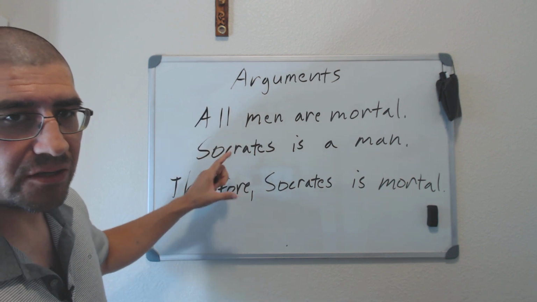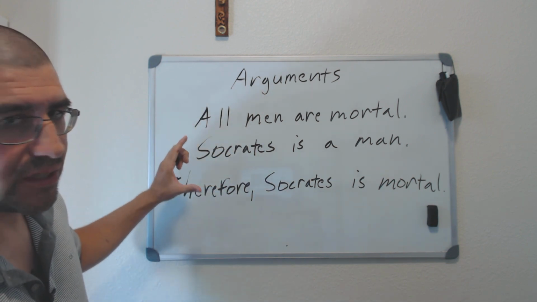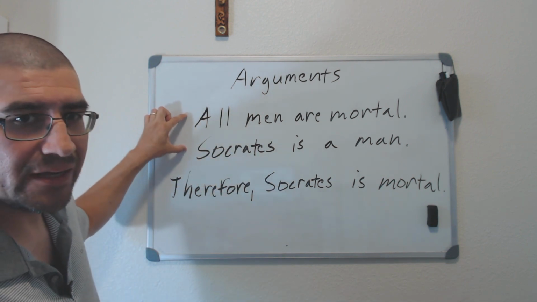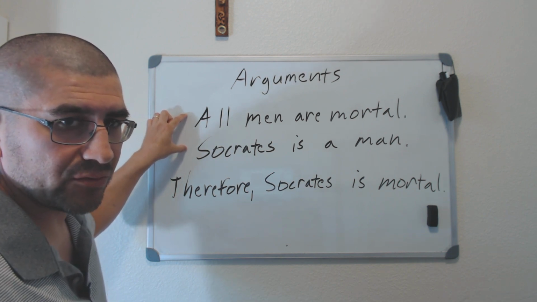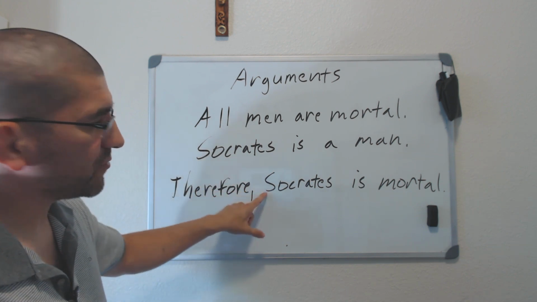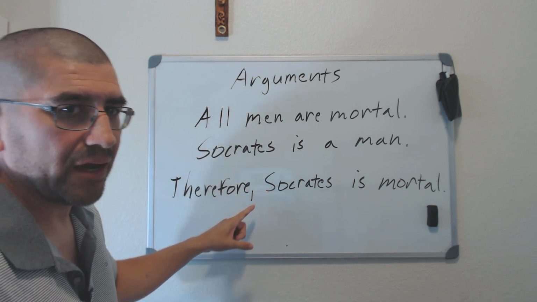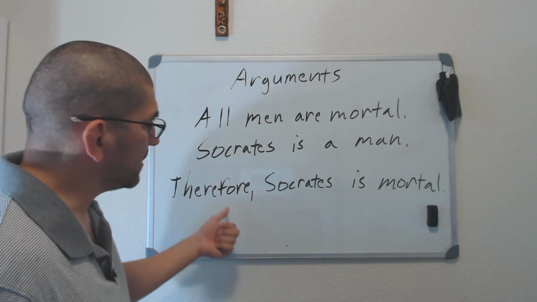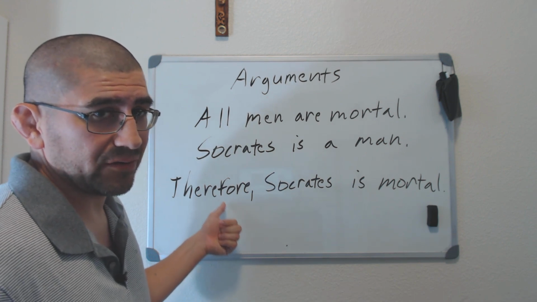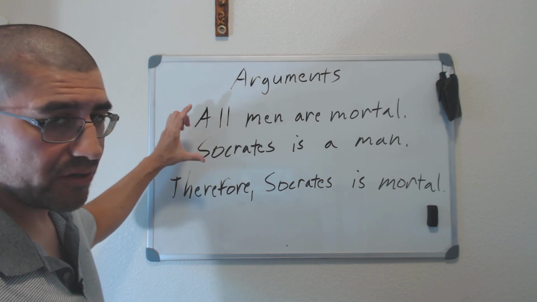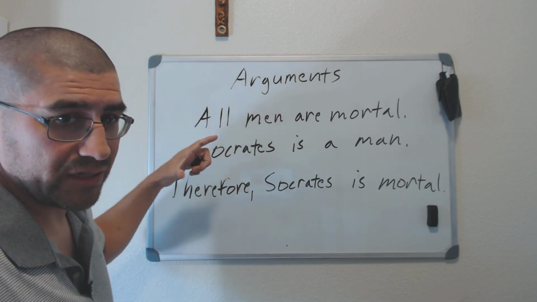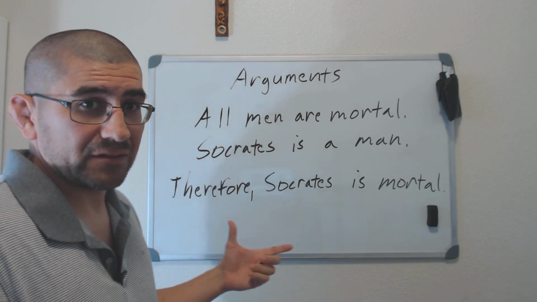So in this argument, I have 3 propositions. These 2 right here are the premises. So I have 2 premises, and this right here is the conclusion. How can I tell it's the conclusion? Because it has a conclusion indicator, the word therefore. So what we do in logic is we study arguments.